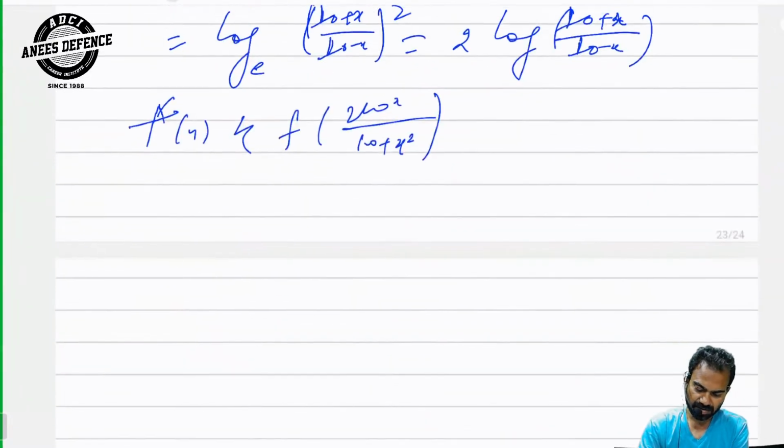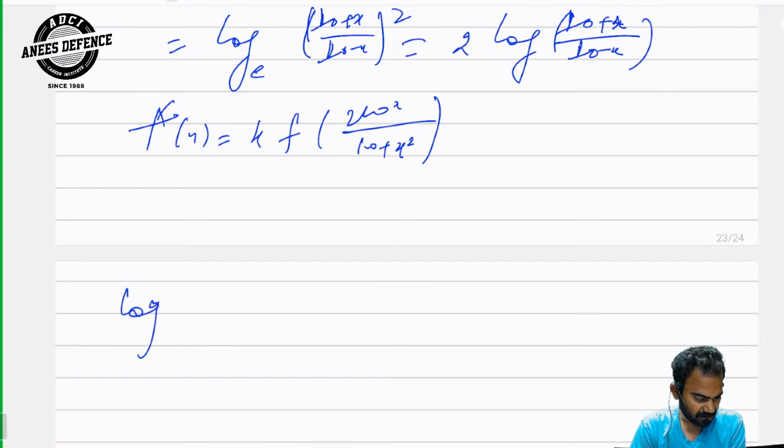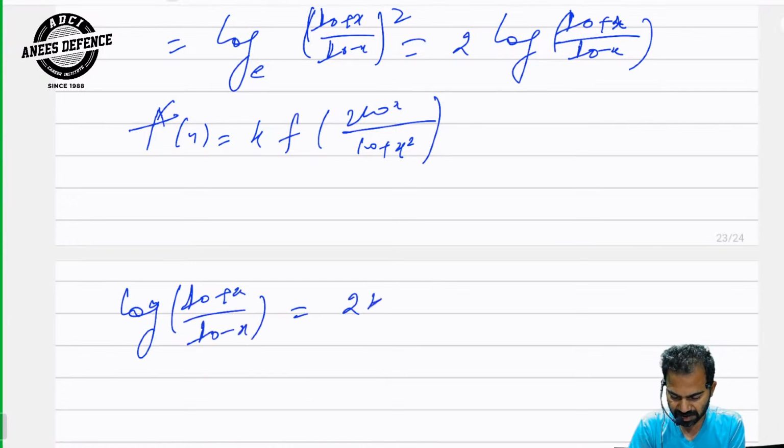So log of (10 plus x upon 10 minus x) on this side, and on this side, 2 times k log of (10 plus x upon 10 minus x).